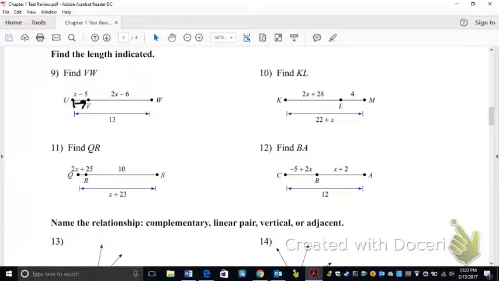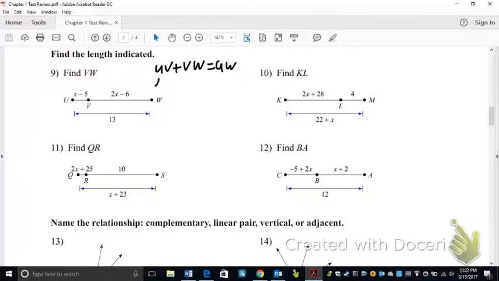So, that means U to V plus V to W is going to equal U to W. So let's write that out. That's going to be my postulate statement. UV plus VW equals UW. Again, we're not putting any lines on top of it. We're not making it a line or line segment or ray.